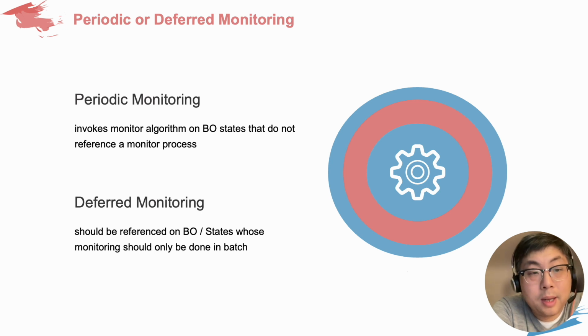So in that case, you would need to validate the market message when the monitoring batch is running. Okay, so in both cases, you can define them as different deferred batch control.